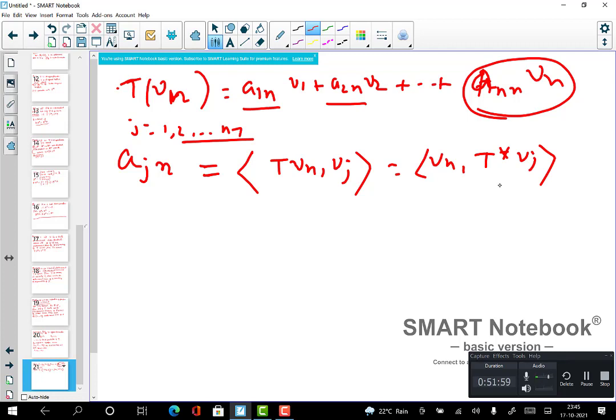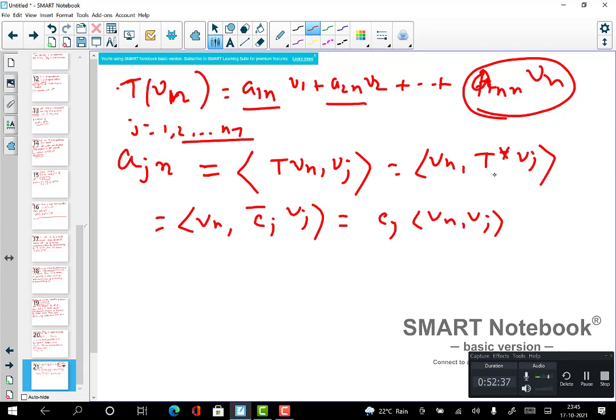I need to prove one theorem that I missed. Maybe I will give you the proof: for a normal operator, if you have an eigenvalue of T, then the conjugate of that will be an eigenvalue of T star. So this will be something like vn with cj bar of vj, but then that cj bar comes outside.